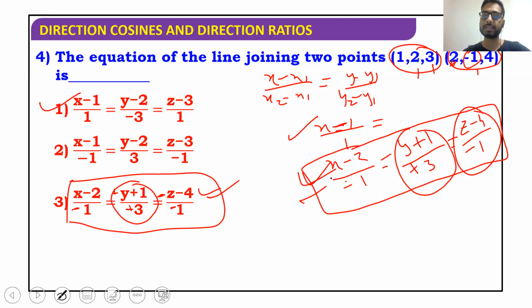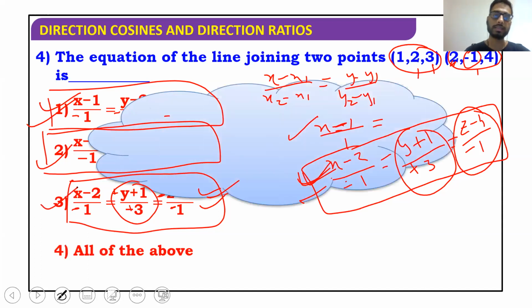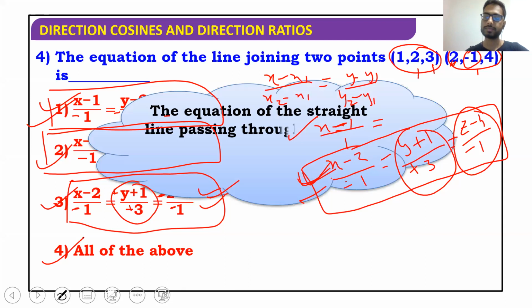However, the ratios are the same. Hence, I can say that the equation of this line and this line is the same. Similarly, if you check these two lines, they are the same, only multiplied throughout by the ratio of minus 1. So which is the equation of the line passing through these 2 points? The correct answer is all 3 of them, or I can say all of the above.